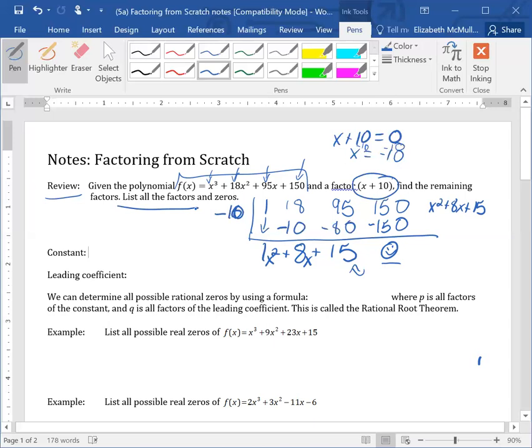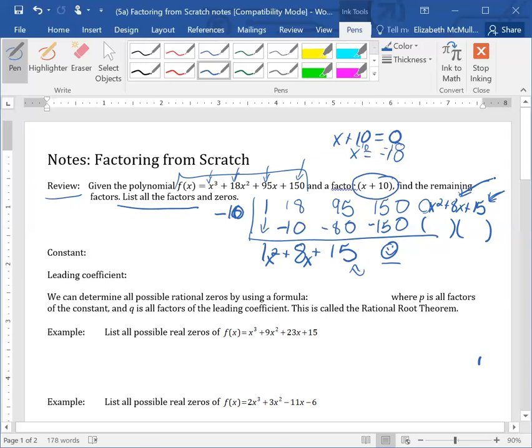So let's factor this. I want to go ahead and set up my parentheses, and I can do this because my leading coefficient here is 1. So I can directly factor and use the shortcut method. So I need two numbers that multiply together to make 15, but add together to make 8.